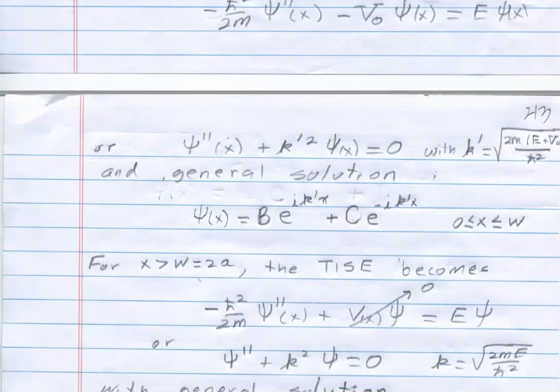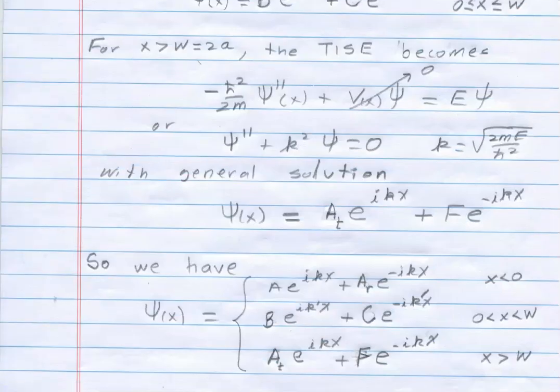And then finally, we need to look at x greater than w. There, the time-independent Schrodinger equation, again, the potential vanishes in that region, and so we get exactly the same equation we got for x less than 0. For it, I wrote the general solution with an amplitude a sub t. This is the transmitted part, going toward the right.